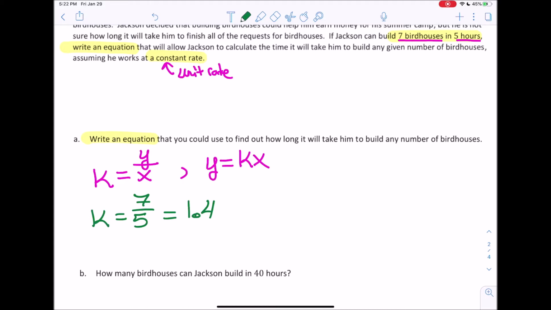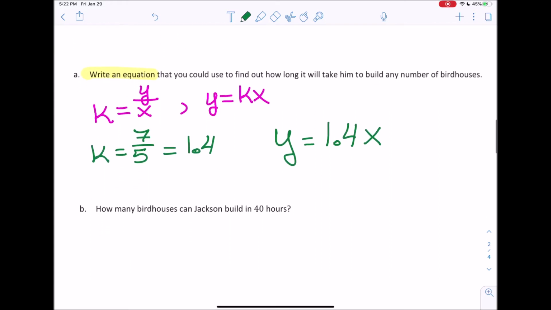Okay? So then we have to write our equation. I almost forgot. So y is going to equal 1.4x. So how many birdhouses can Jackson build in 40 hours?